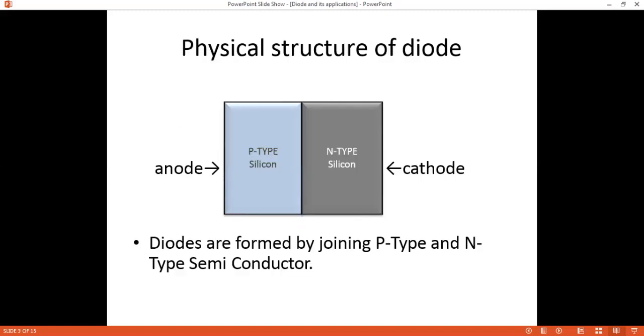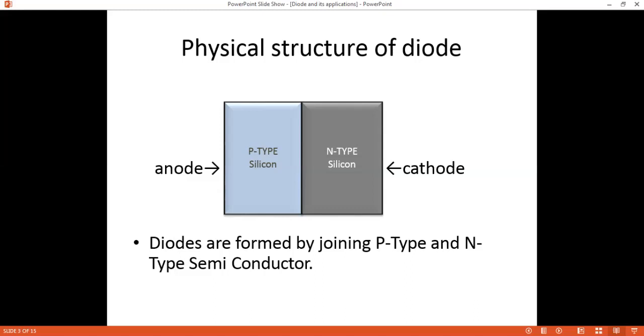Next, physical structure of a diode. This diagram belongs to the PN junction diode: P-type silicon and N-type silicon. The P-type and N-type materials are combined at one point. That point is called the PN junction. Why is it called the PN junction? Because P-type silicon and N-type silicon are combined at one point.